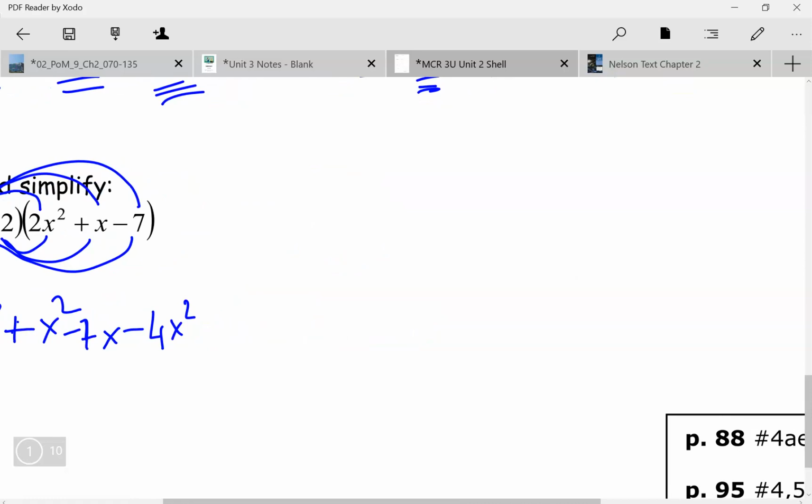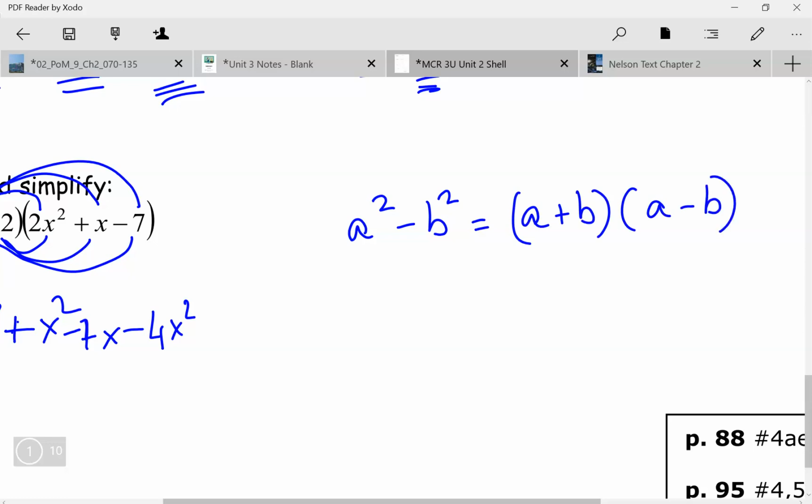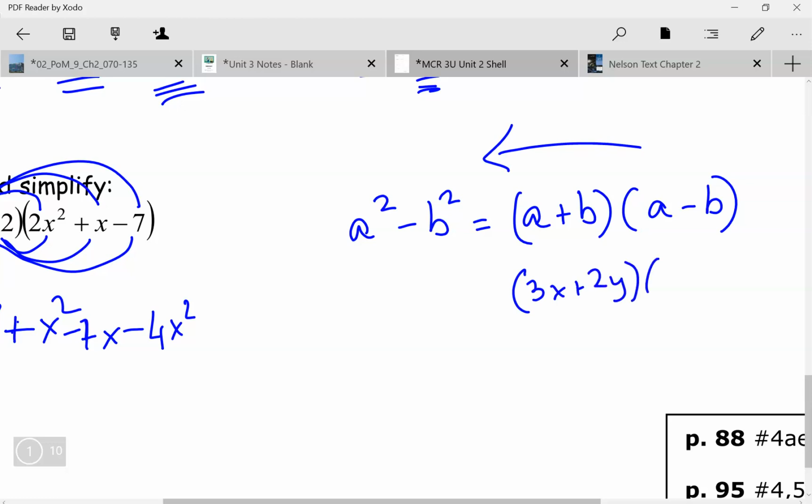The formulas I said I'd go over, which are important to know, are a squared minus b squared. This is called the difference of squares formula, and that gives you a plus b times a minus b. For here we'll be expanding, so we'll just focus on going this way. Usually whenever you see something of the form 3x plus 2y and then 3x minus 2y, you know that this is a plus b times the same a minus the same b, right?